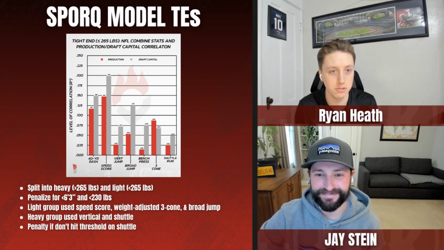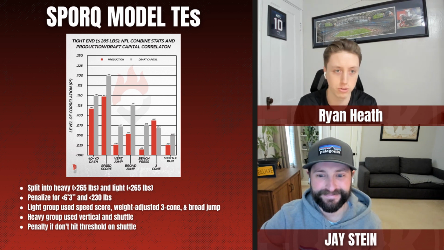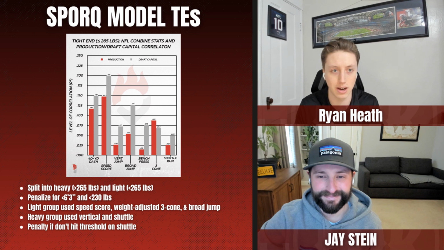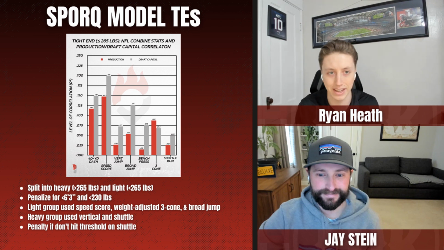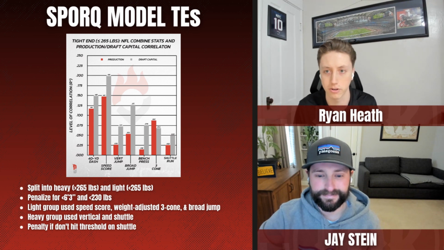So I found that 265 pounds was the most logical cutoff just based on the production histories of those two groups. If you're over 265 pounds, incredibly unlikely that you're going to make any sort of fantasy impact. Almost all of those guys are pretty much just pure blockers.